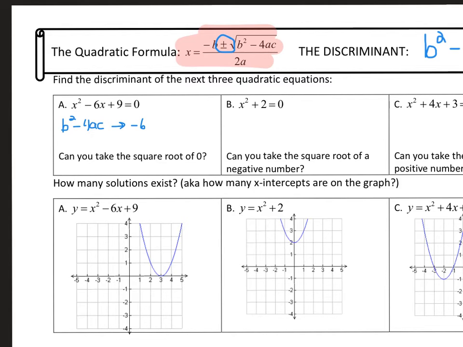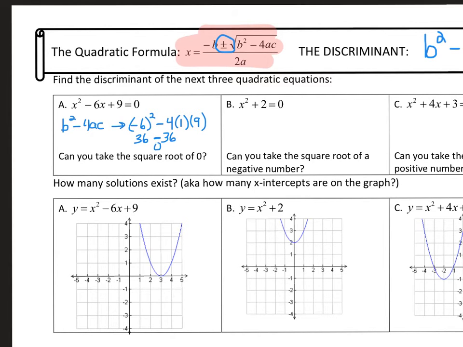So negative 6 squared, be careful putting that into the calculator if you need to, but you should know that negative 6 times negative 6 is a positive 36. Minus 4, which is always there, times a, in this case 1, times c, in this case 9. So negative 6 squared is positive 36, any squared number is positive, minus 4 times 1 times 9, which is 36.